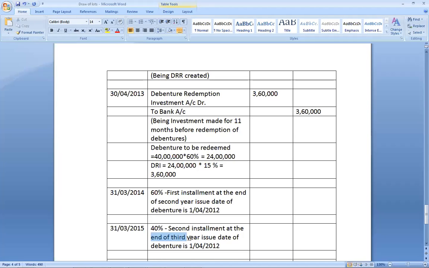So at the end of the third year, 31 March 2015, you pay 16 lakhs. Of the total 40 lakhs, we pay 24 lakhs as the first installment on 31 March 2014 and 16 lakhs as the second installment on 31 March 2015.